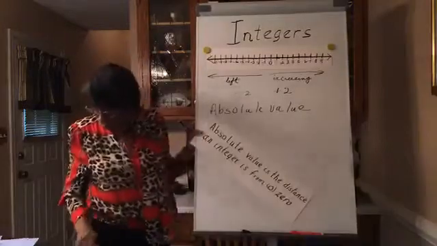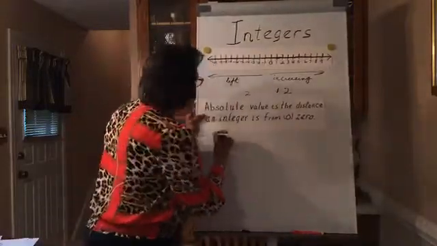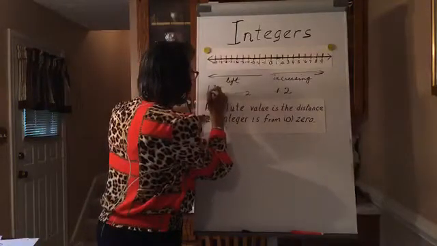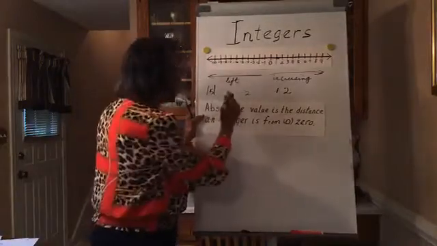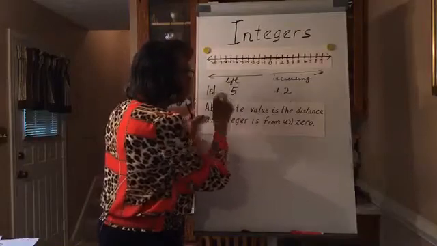And the symbol for absolute value is this. So if I put 5 in here, that says the absolute value of 5, and that value is 5.